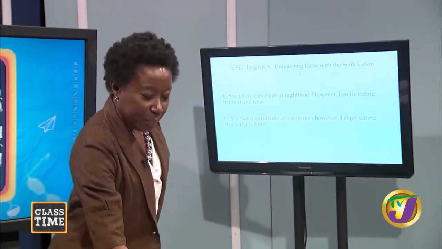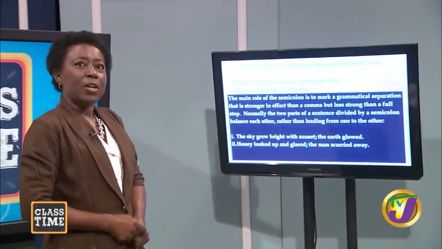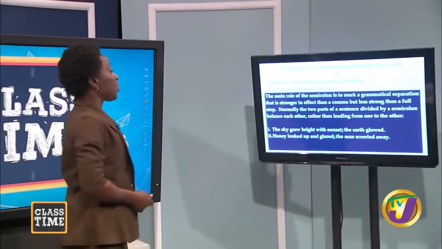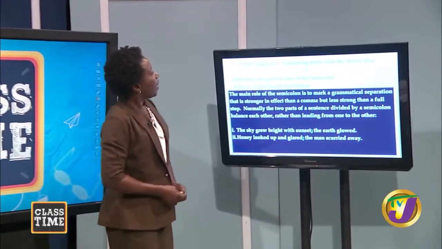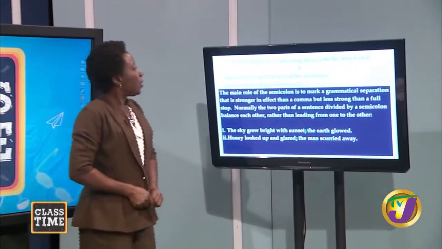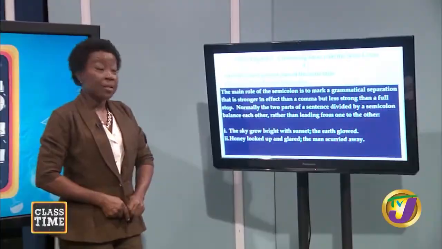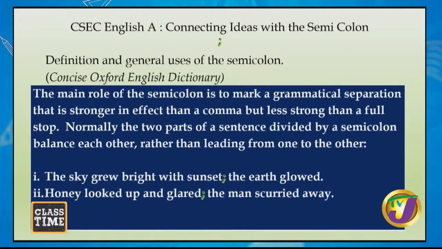All right. So we have been speaking a lot about the semicolon, and now we are going to look at the definition. According to our Concise Oxford English Dictionary, the main role of the semicolon is to mark a grammatical separation that is stronger in effect than a comma, but less strong than a full stop.